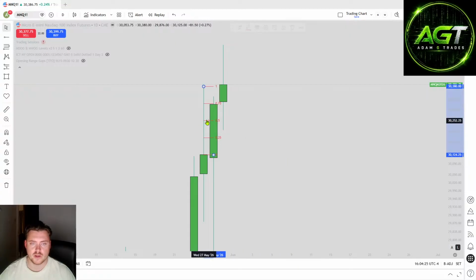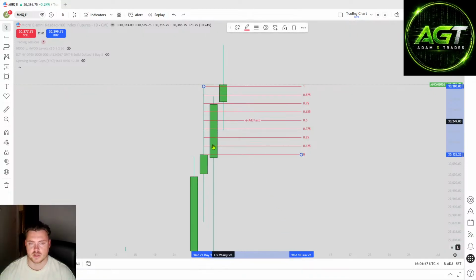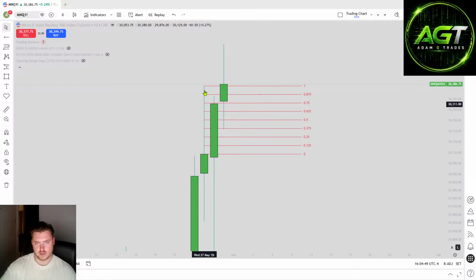You can go all the way down to eighths, which we will try and do as well. If you double click on it, look at all the boxes I've got clicked. Okay, so this is eighths off of this.